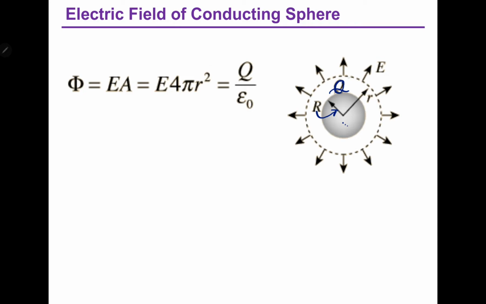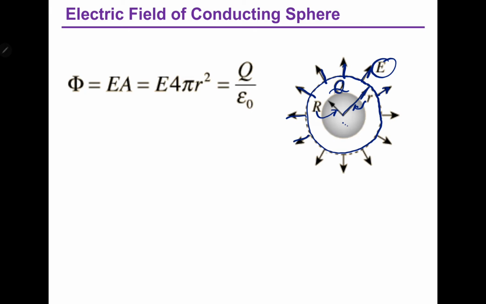Let's draw a Gaussian surface, which is another concentric circle around this sphere, and the radius is r. Your goal is to find the electric field on this surface, which is the Gaussian surface, right?